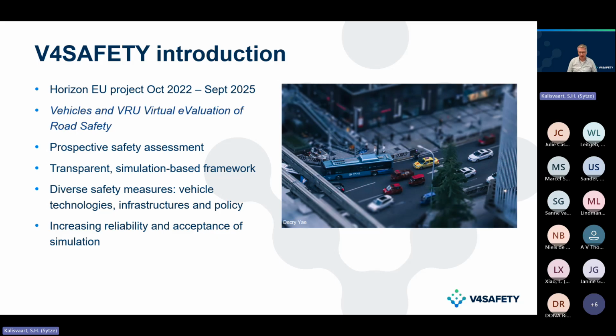We look at safety measures that can be in vehicle, like an improved AEB for cyclists, for example, or changes in infrastructure, like changing the layout of a zebra crossing, or policy, like changing speeds or changing the regulation for driving permits, for example. And in the end, our main goal is to increase the reliability and the acceptance of simulation as proof for prospective safety assessment, and maybe in the future also proof for type approval.